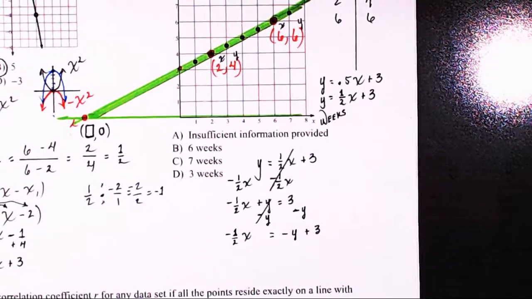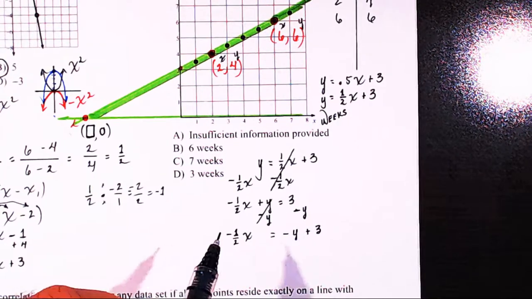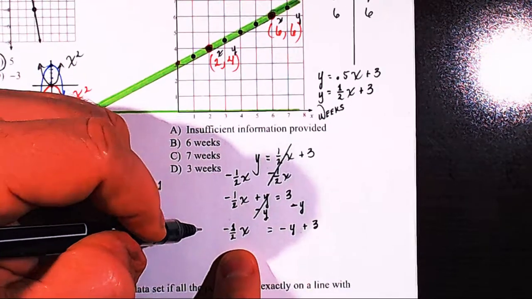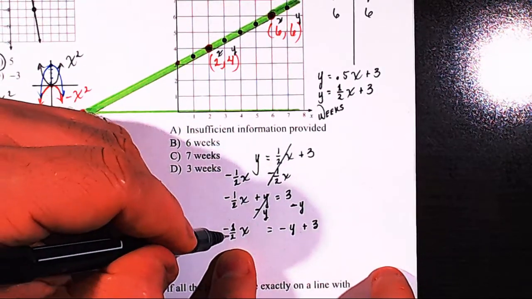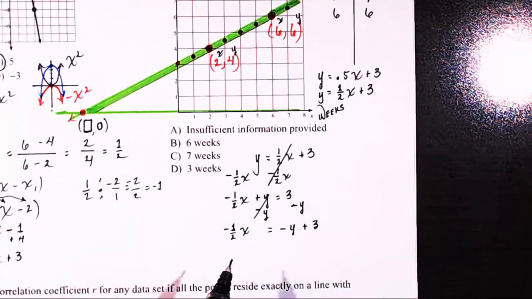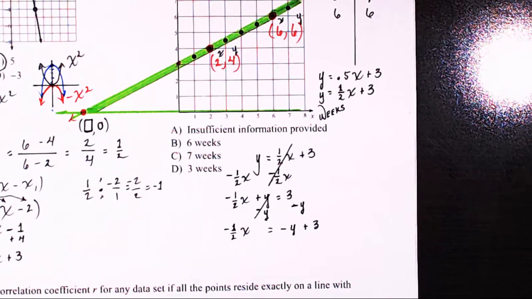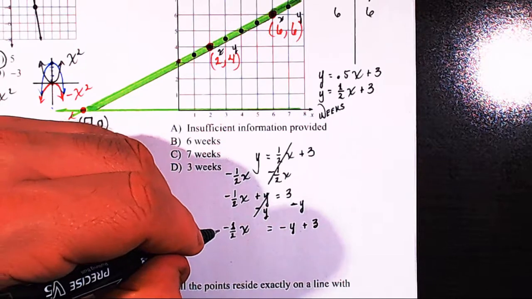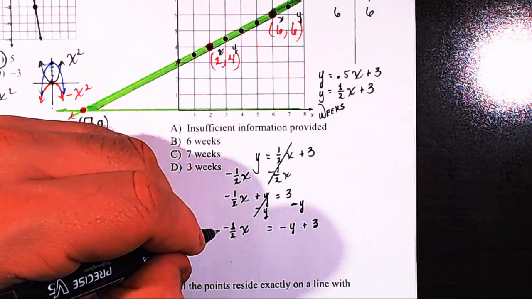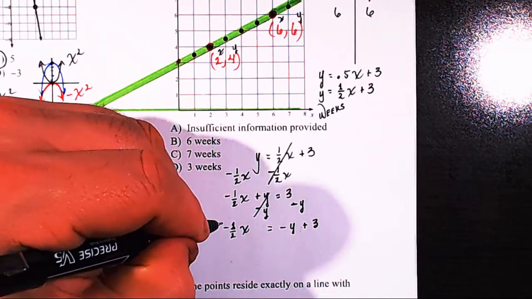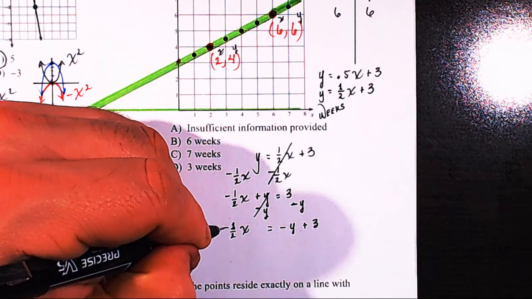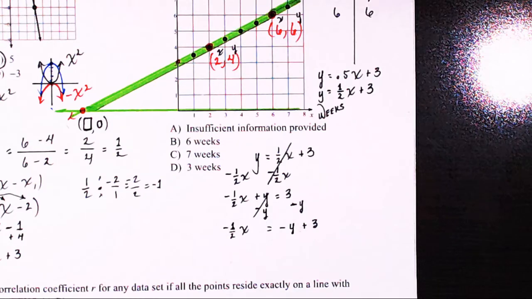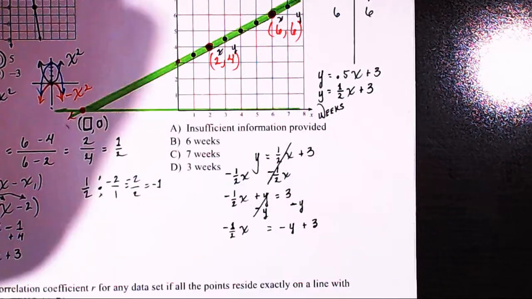And we will now multiply. So we need to get rid of this negative 1/2. So what we'll do is multiply through the entire equation by the reciprocal of the coefficient, not the negative reciprocal.